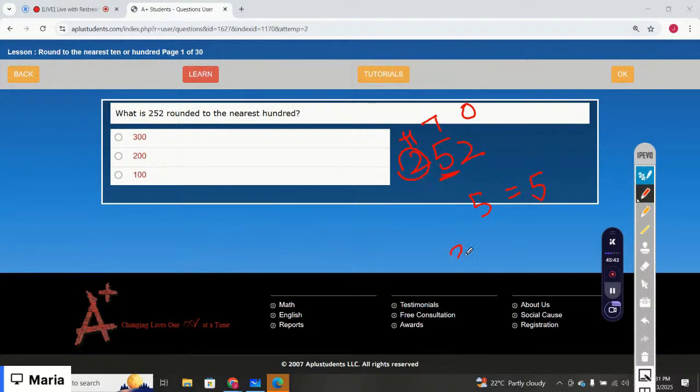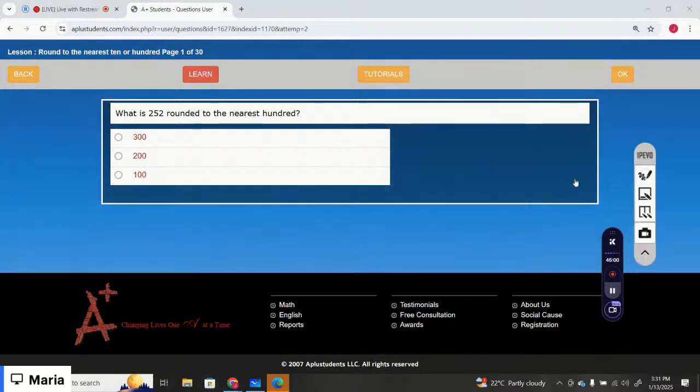Round up means add 1 to 100, so that is 3, and replace the other two digits with 0. That is 300, right? So 252 is rounded to 300. Option number 1 is the correct option.